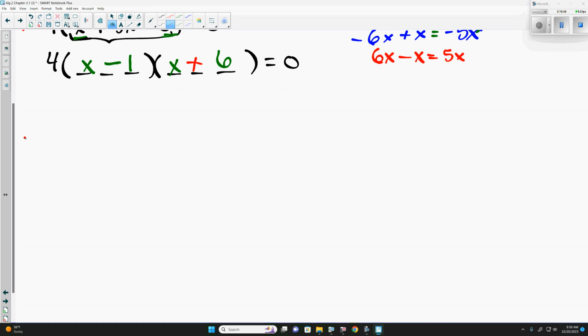Yes. Is there anything I could do purely to the 4 to make it be something other than 4? No, there's no variable, there's nothing attached to it. It's just 4, yes? So the only things I can make be 0 are inside the parentheses, because those are the only two I can affect by plugging a number in. They're the only ones that have a variable attached with them. Yes?